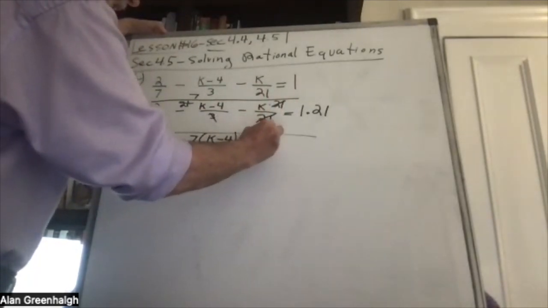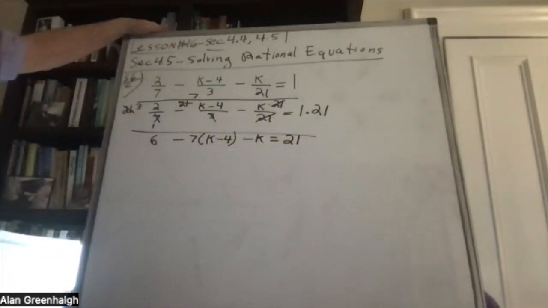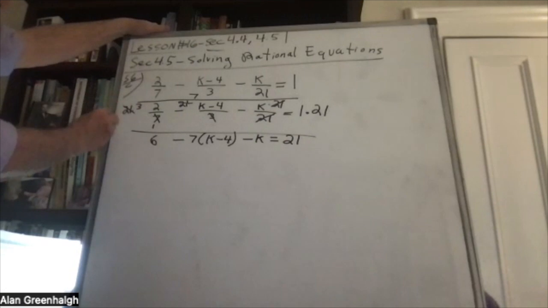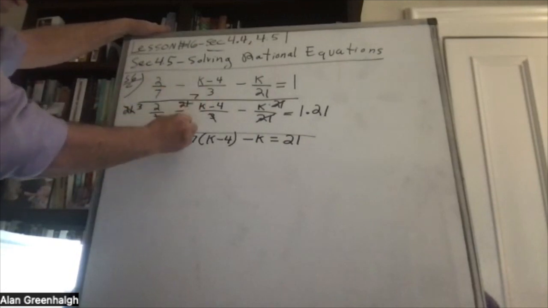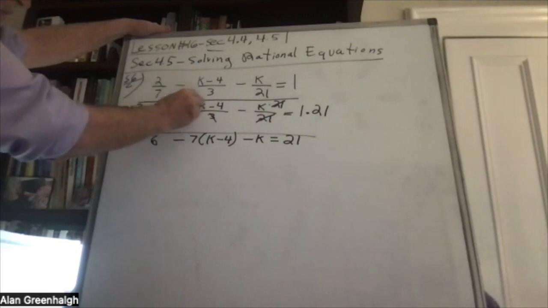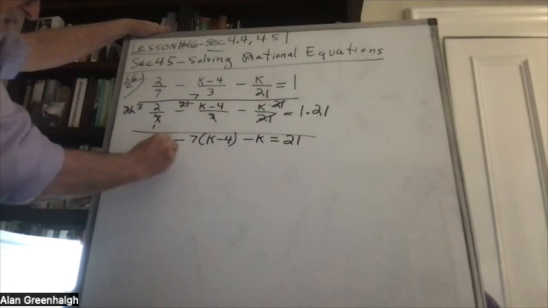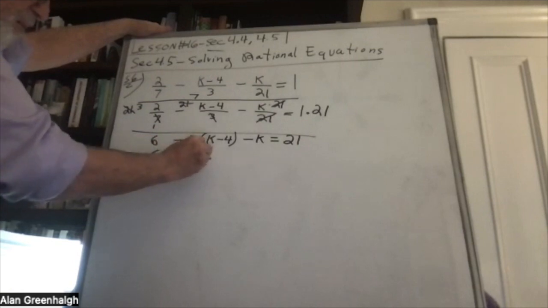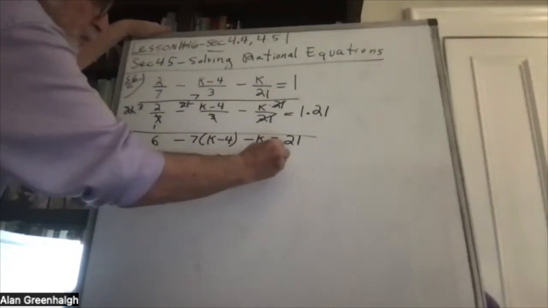We get minus k equals 21. Now I'm just going to check myself, make sure I have that right. All right, so we have 6 minus 7k plus 28 minus k equals 21.